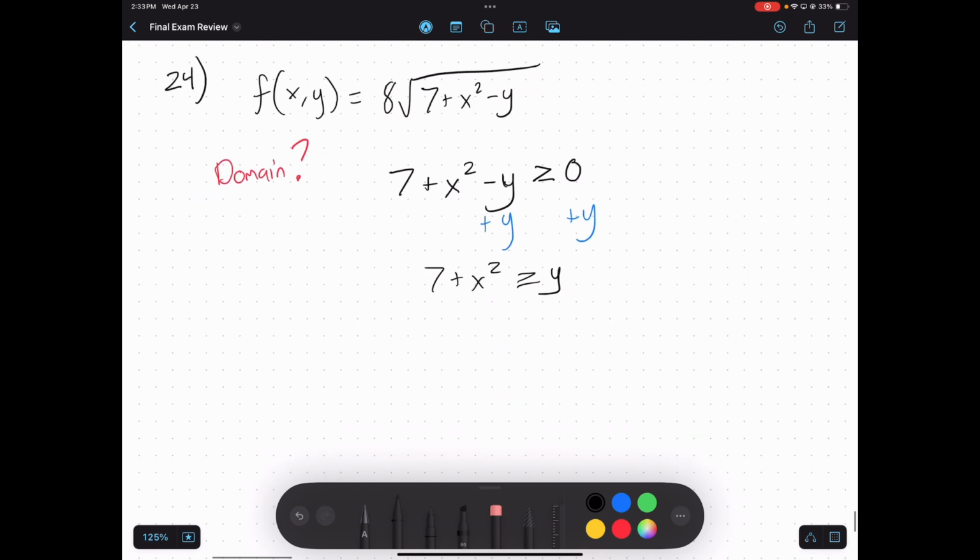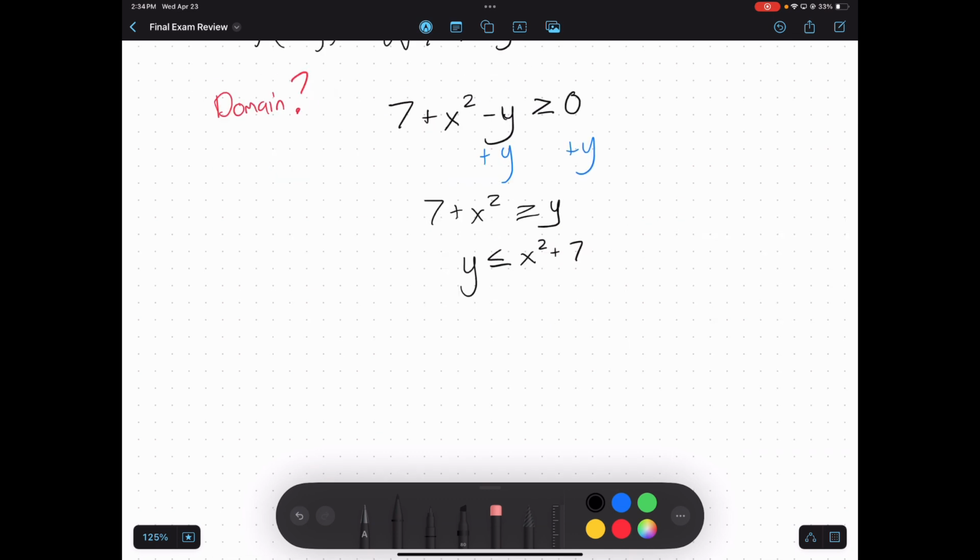And I can turn that around and say, this function will exist as long as y is less than or equal to x squared plus 7. So as long as that's true, the function will be defined. Okay. That's my domain.